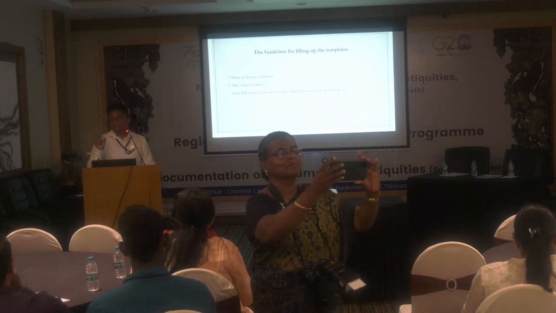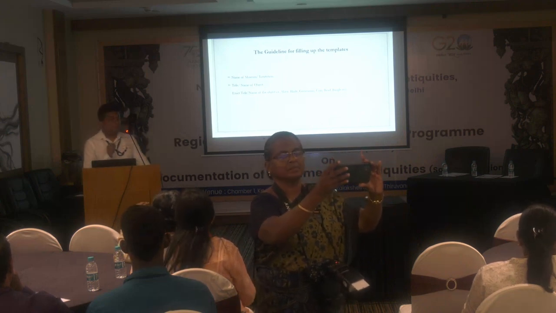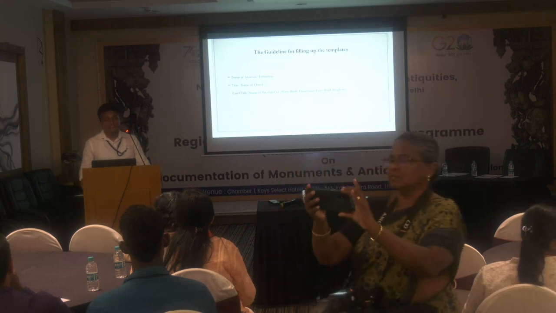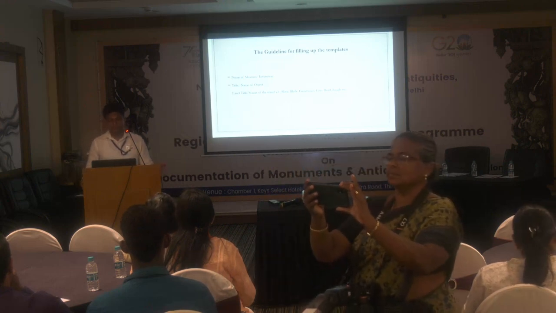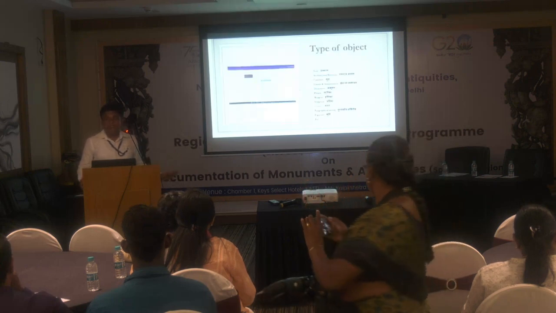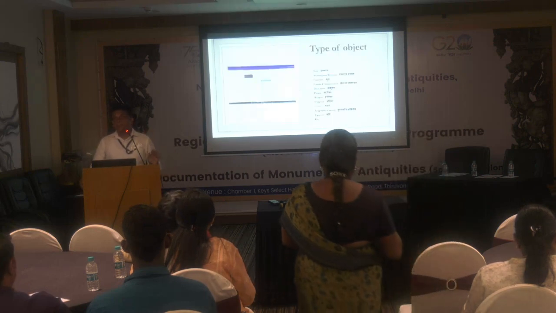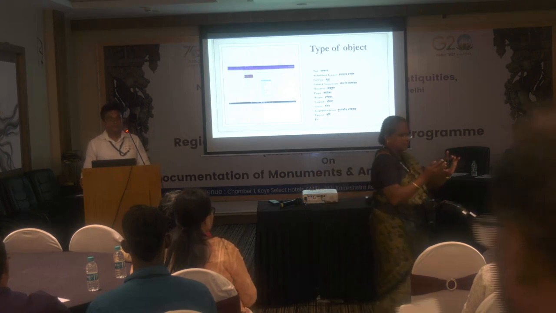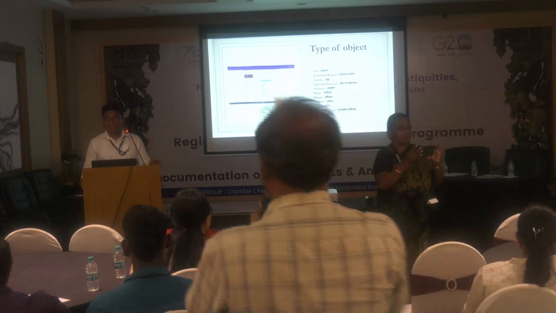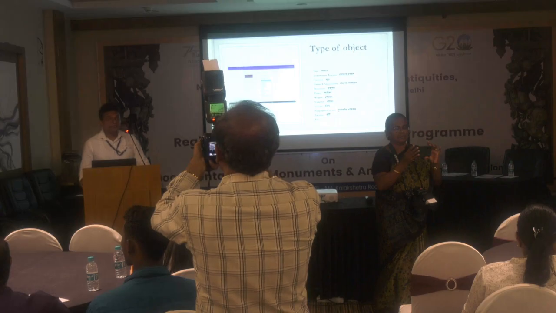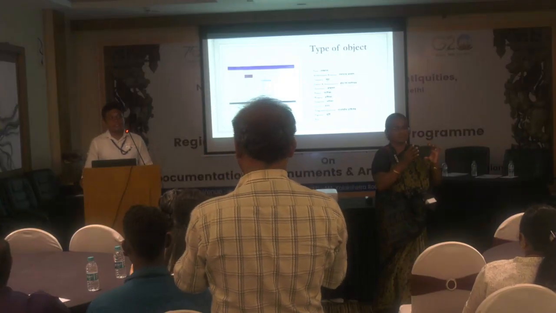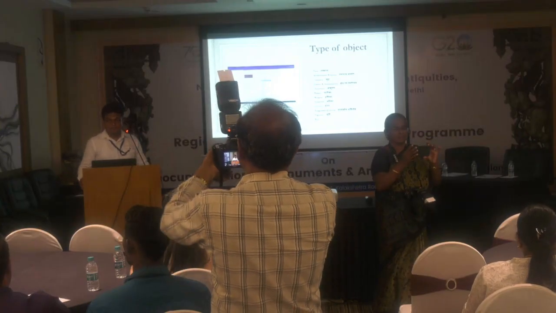The exact title we want, we write in this column. So it is a very simple format. It is very basic information about antiquity that we provide in NMMA format, a uniform format all over India.